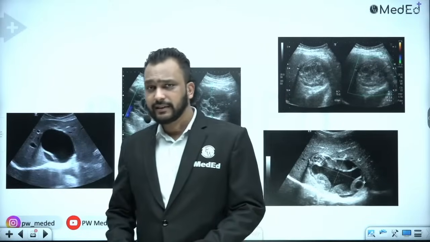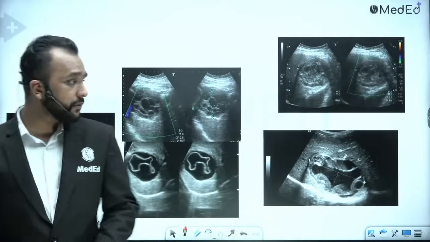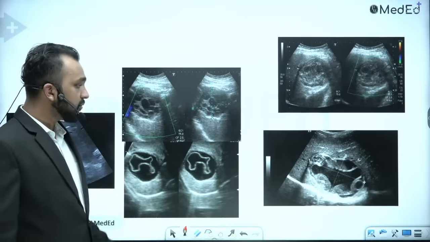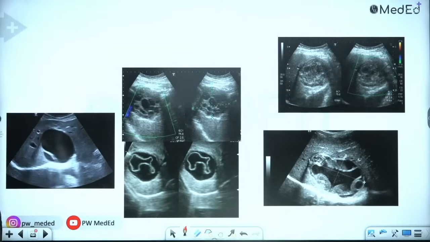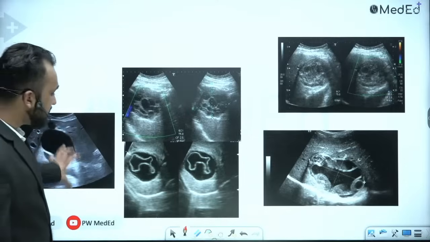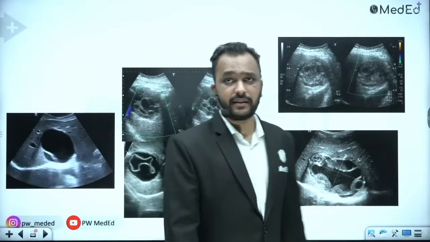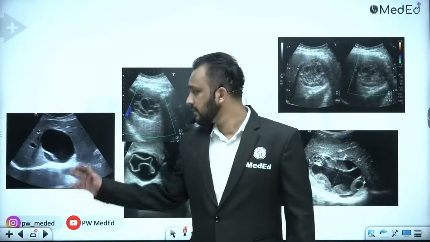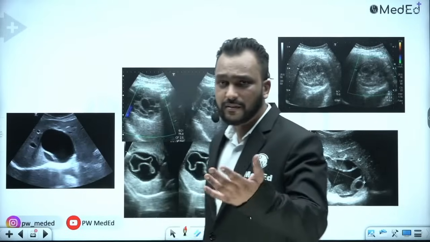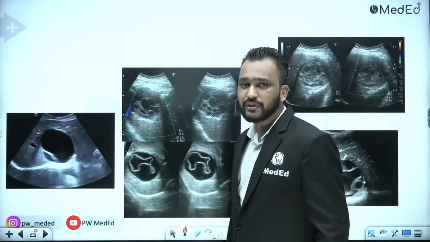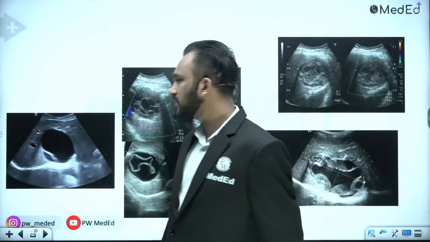Okay? And these are the ultrasound images of the liver. These are basically one pathology at different stages. The first stage is an anechoic cystic lesion. This is your hydatid cyst of liver. The two classification systems that we use are the WHO classification and the Gharbi classification.